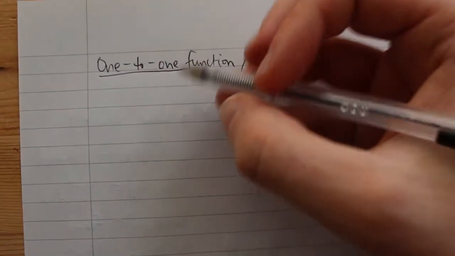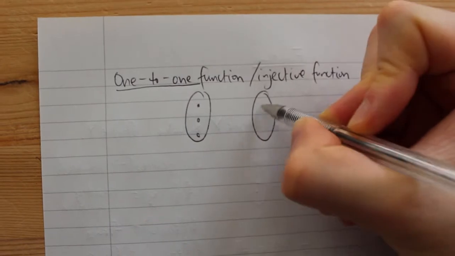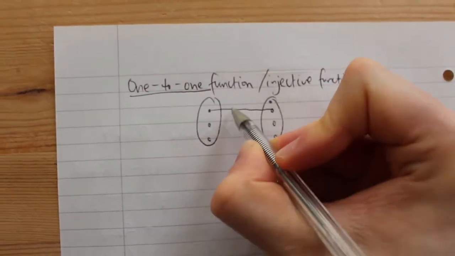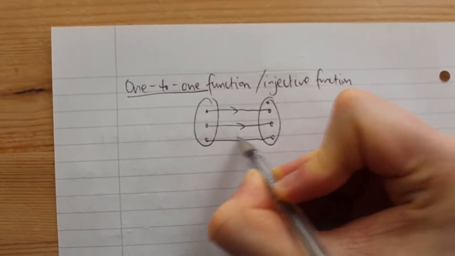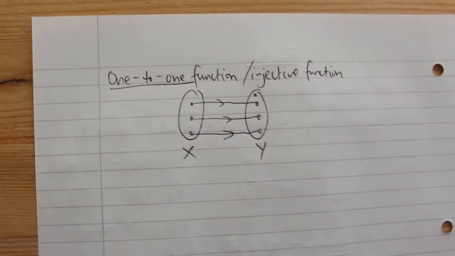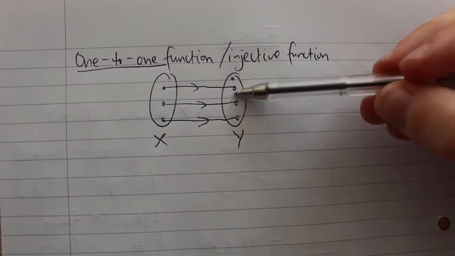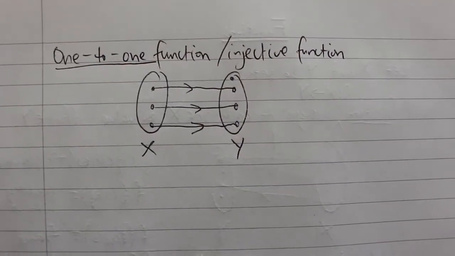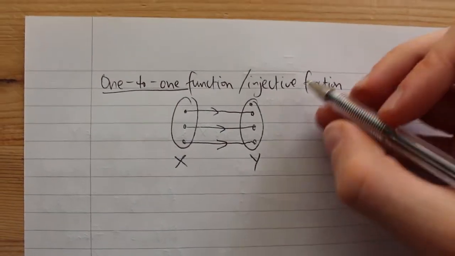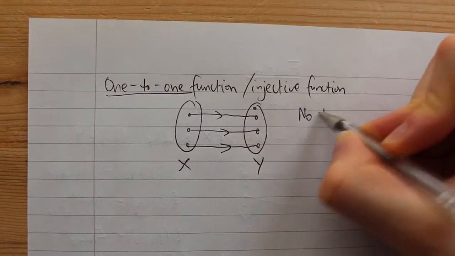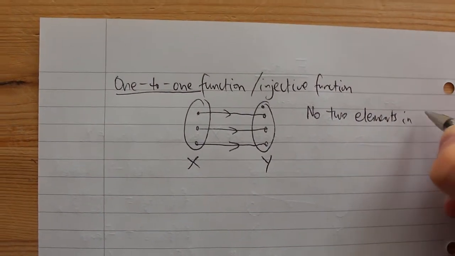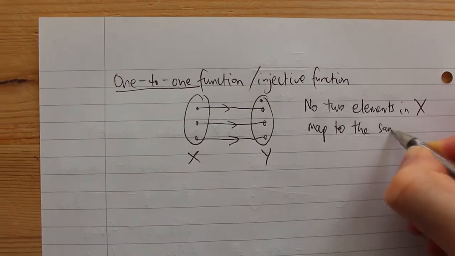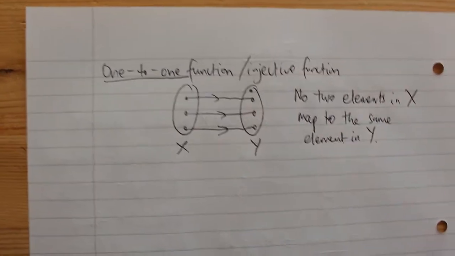What this means is that we have a picture that is something like this, where each thing in X is assigned to a distinct element of Y. So no two elements in X map to the same element in Y. That's what a one-to-one function is.